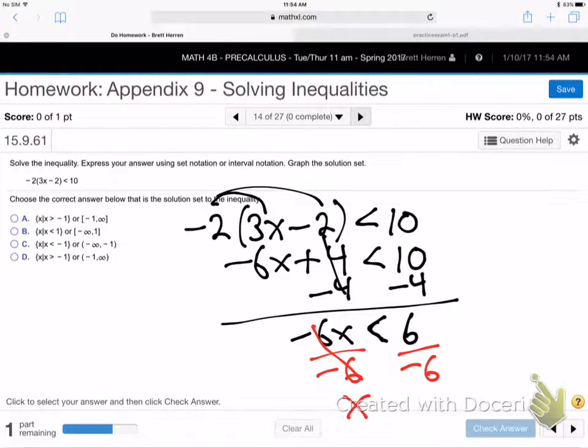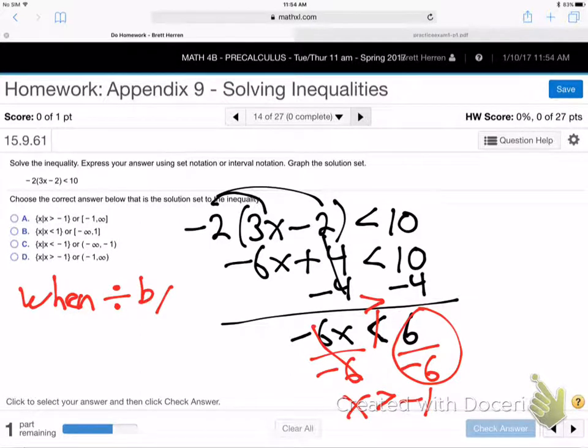Good. I'm making sure you know that. Do you remember that from your algebra days? That when you divide by a negative number, that symbol needs to flip the other way. So let me write a note on that. This symbol right here needs to turn the other way, and then this is -1. So when we divide by a negative number, flip the symbol.